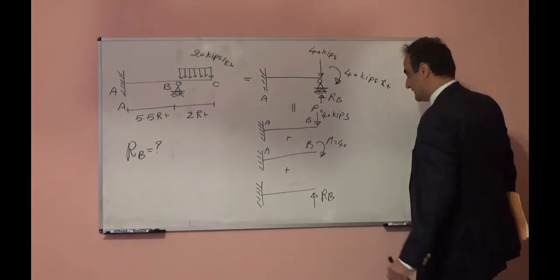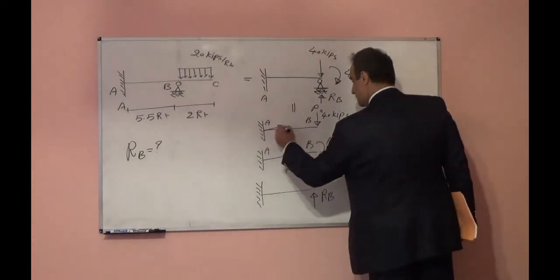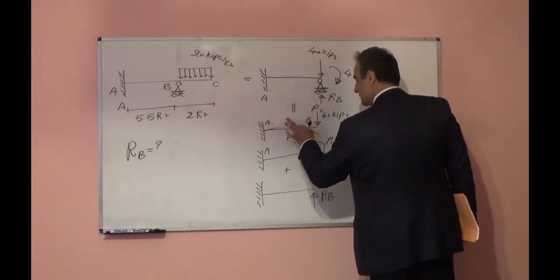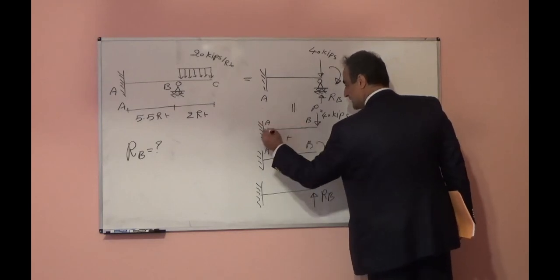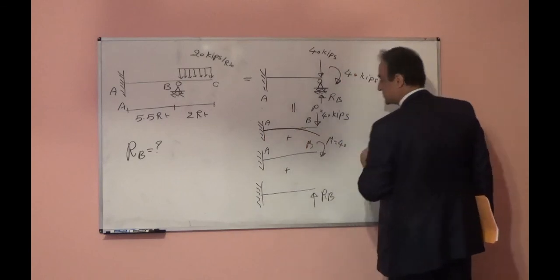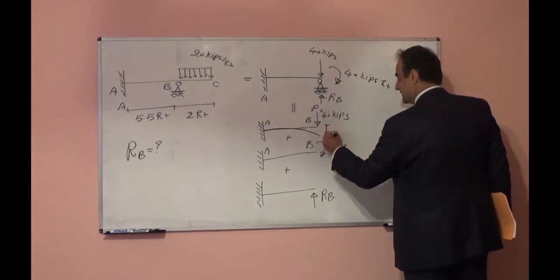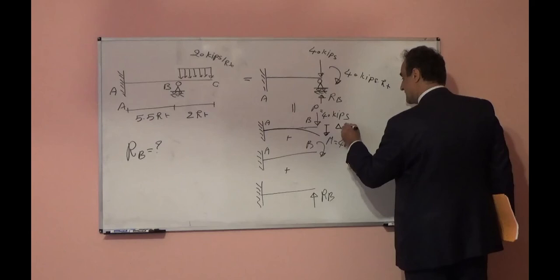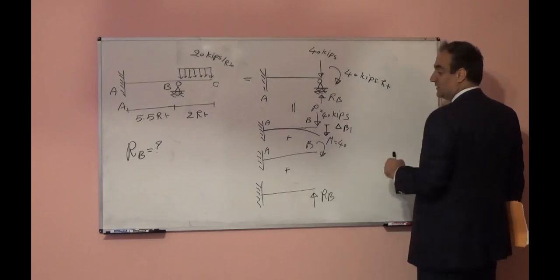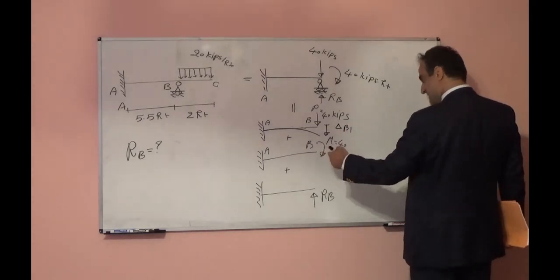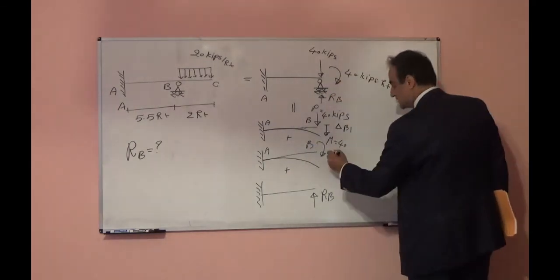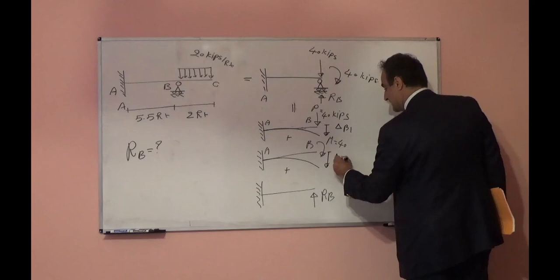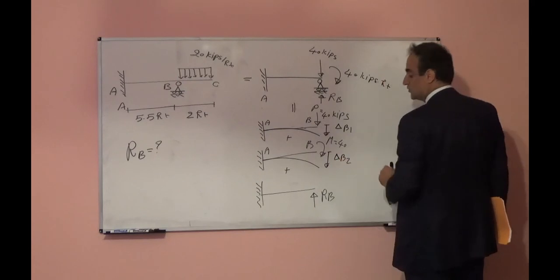What is happening? Because of this load, point B will move down and we will have a deflected shape something like this. This deflection I call delta B1. This cantilever beam, because of this M, again will deform. How much? It is delta B2.